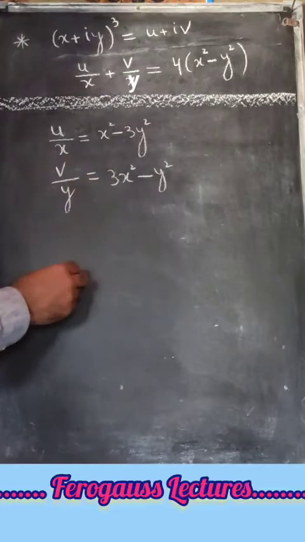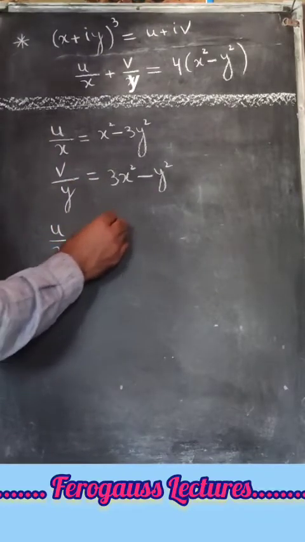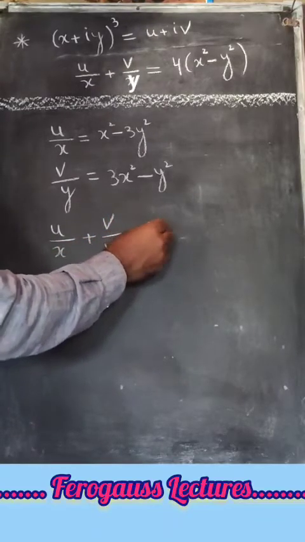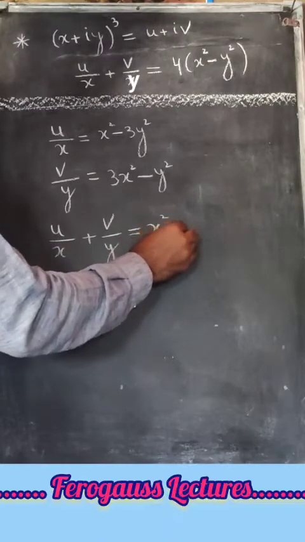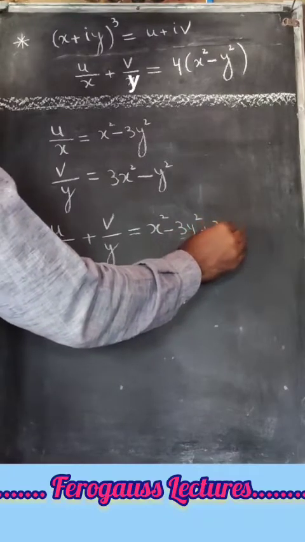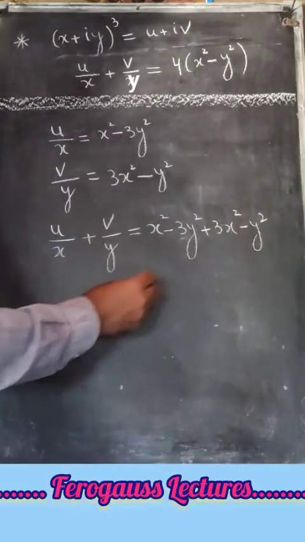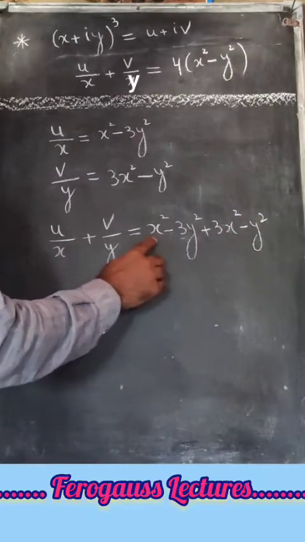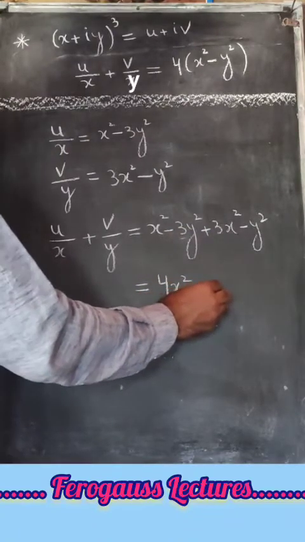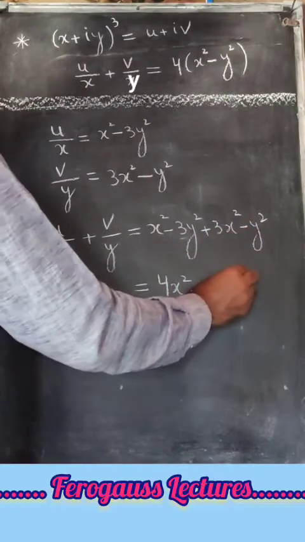Now on adding these two equations, we get u by x plus v by y is equal to x square minus 3y square plus 3x square minus y square. That is further equal to x square plus 3x square, which is 4x square, minus 3y square minus y square, which is minus 4y square.